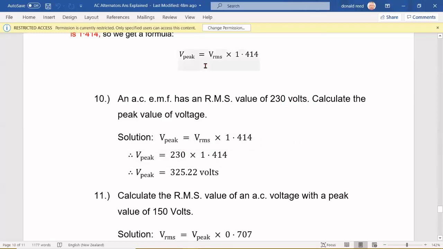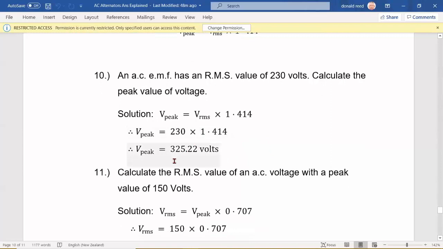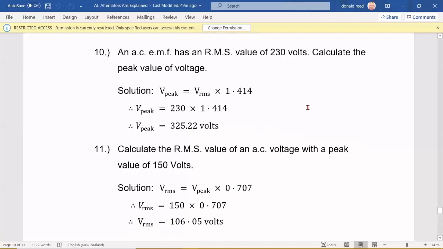So V peak equals VRMS multiplied by 1.414. So 230 volts multiplied by 1.414, and we have 325.22 volts. So the voltage at the wall is higher than you realize.